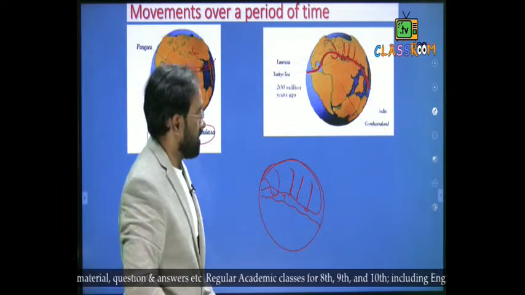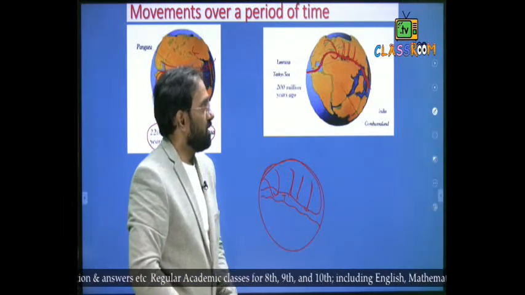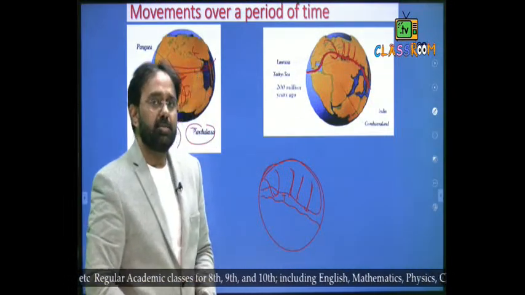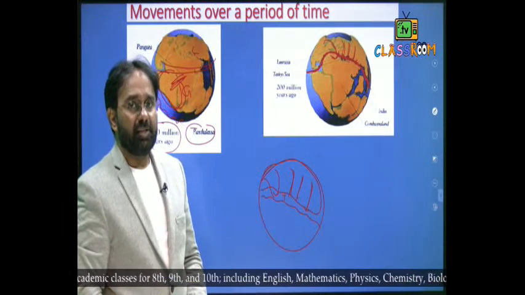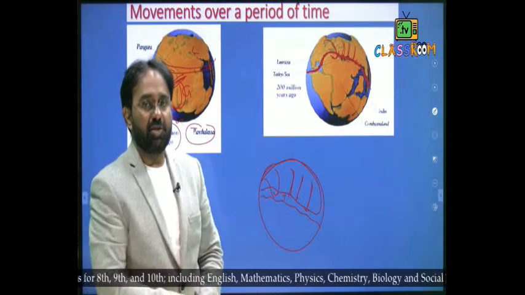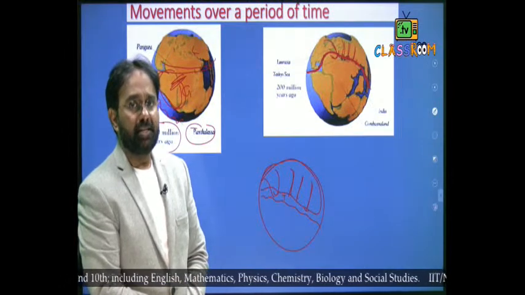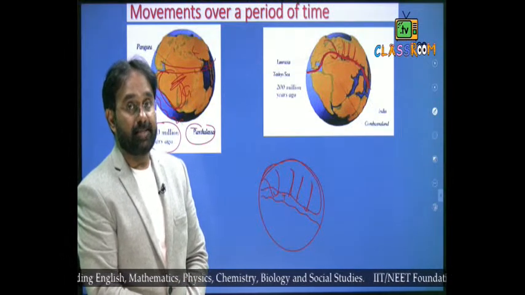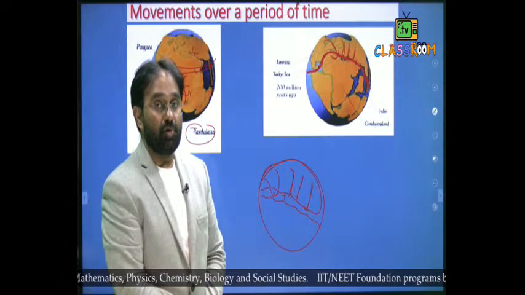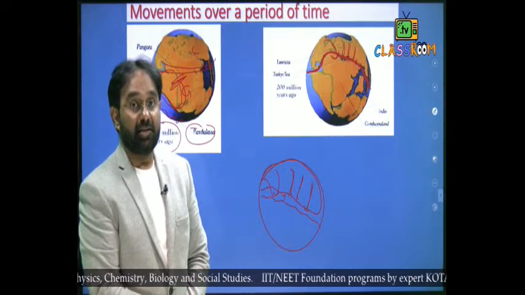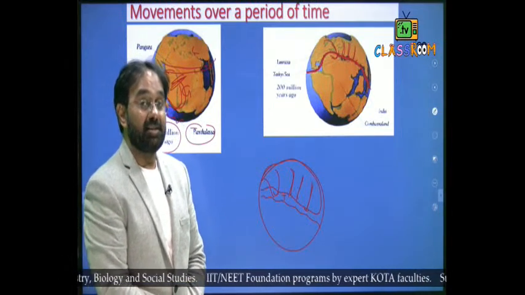Okay, that you have to understand. So this Tethys Sea is also responsible for the formation of an important physiographic division of India, called the Himalayas. You will see much more about the formation of the Himalayas in our next year, that is in 10th class.